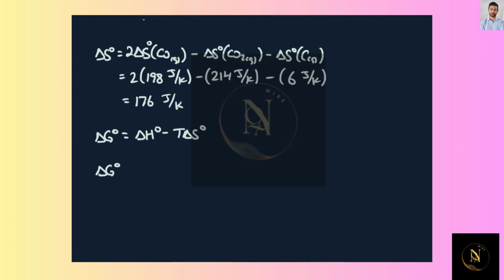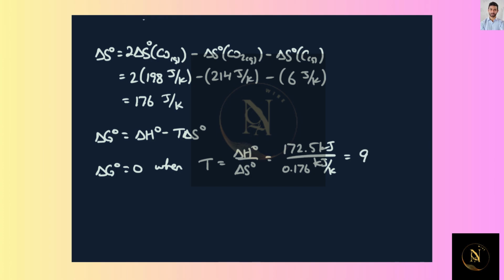So delta G naught is equal to 0 when the temperature is equal to delta H naught over delta S naught, which is equal to 172.5 kilojoules over 176 joules per Kelvin, so that's 0.176 kilojoules per Kelvin. So let's convert that to kilojoules. This will work out to 980 Kelvin.